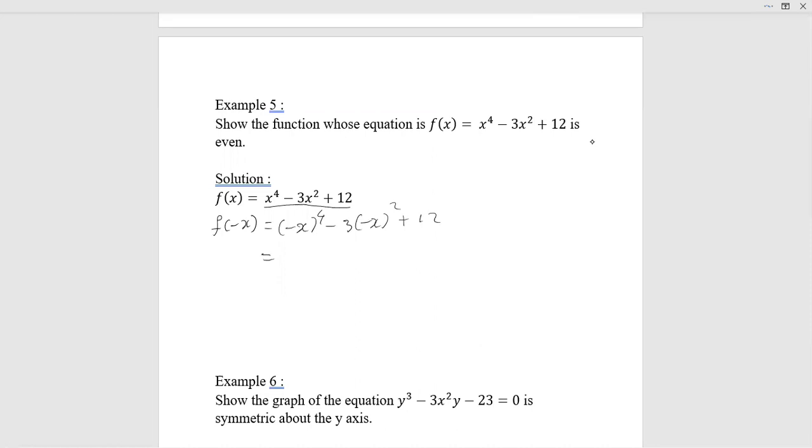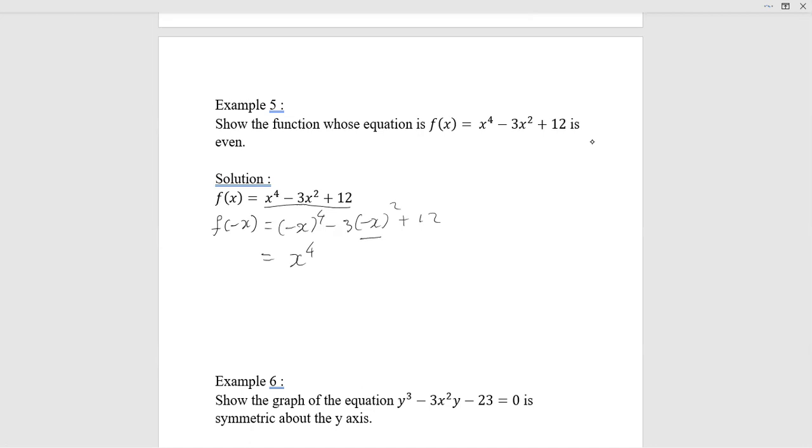Then a negative number to the power 4 is again a positive number, x to the power 4. A negative number to an even power is a positive number.